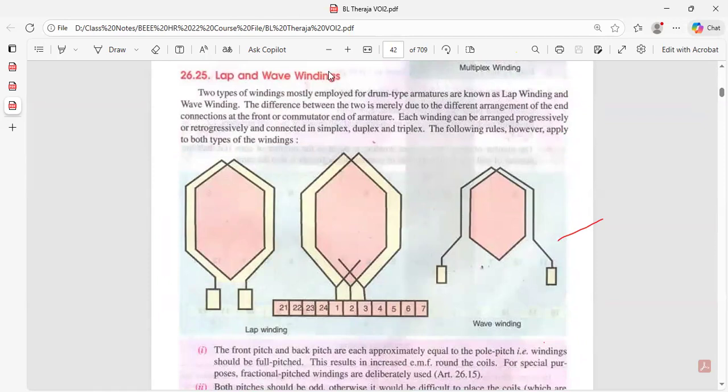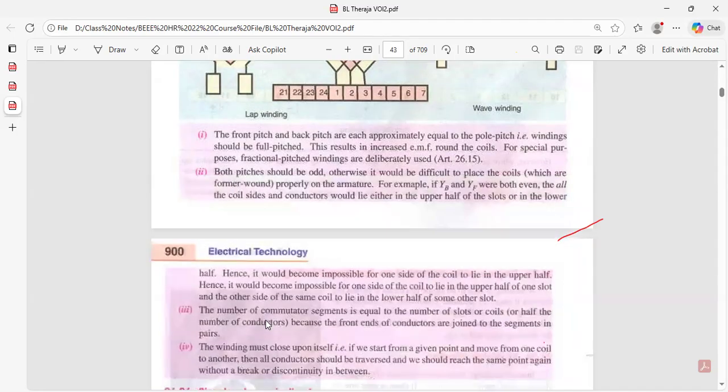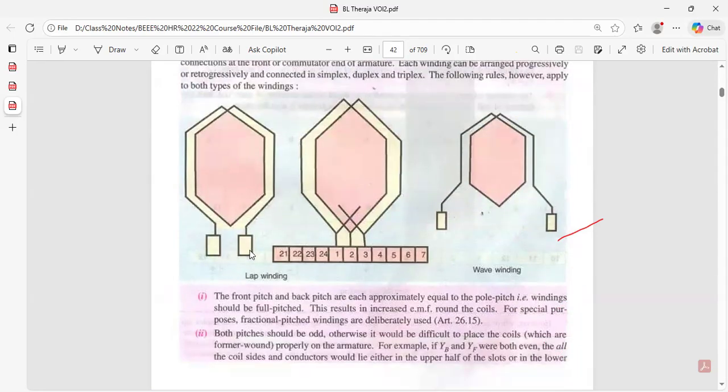What do you mean by lap winding and what do you mean by wave winding? First of all, this is the winding. This is the starting point, this is the ending, finishing point of one winding, one coil. Let us take one coil. Suppose the starting point and finishing point are under the same pole, it is called lap winding.